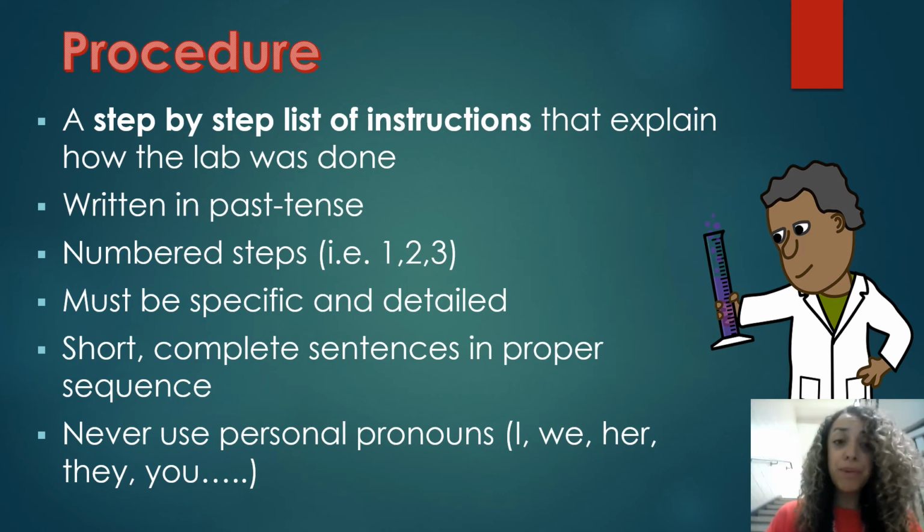The procedure can be written in short, complete sentences, but it must go in order. So you have to list the points in sequential order, first, then last. And we never use personal pronouns. We're always writing in past tense. This is a professional lab report.